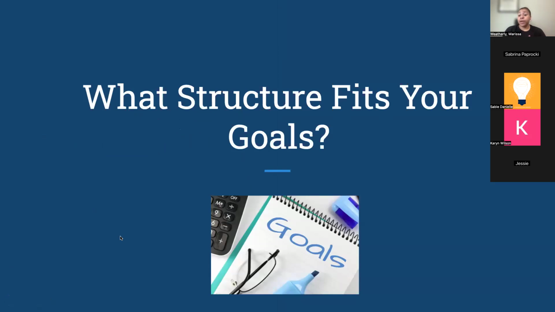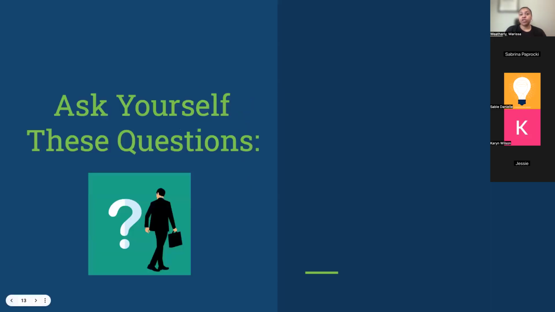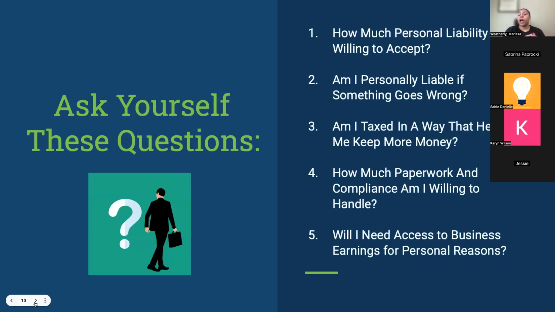Okay. So now let's talk about what structure fits your goals. You should be asking yourself these questions. So, how much personal liability am I willing to accept? Thinking about when you're going into a business deal and thinking about, do I have the right structure, where am I in the house?